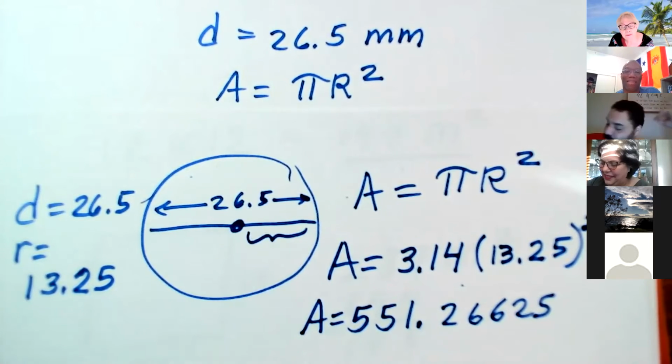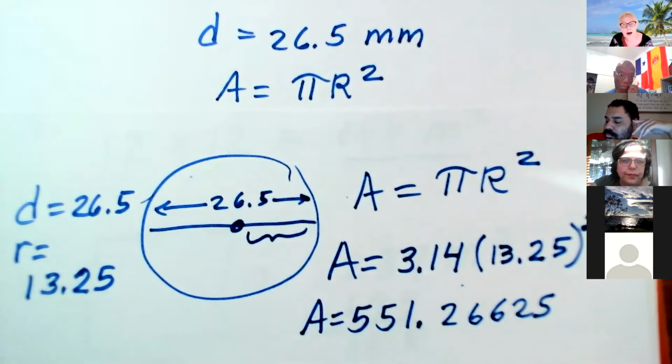But from my point of view, I wrote down the fact that this was the diameter. I then realized they were interested in the area and I wrote down the formula. And then what I've got left is a picture and a formula. So I've gotten rid of the English and gone to the math.